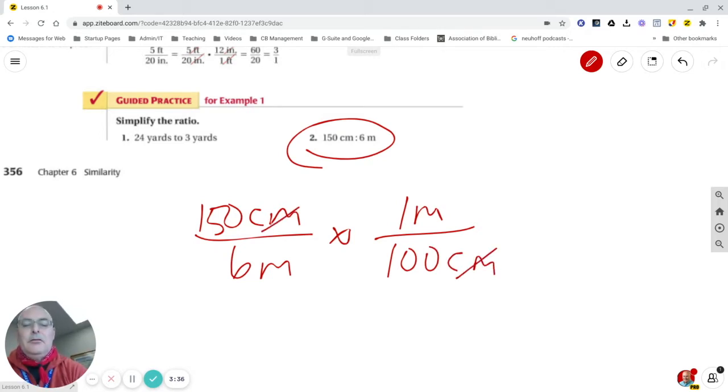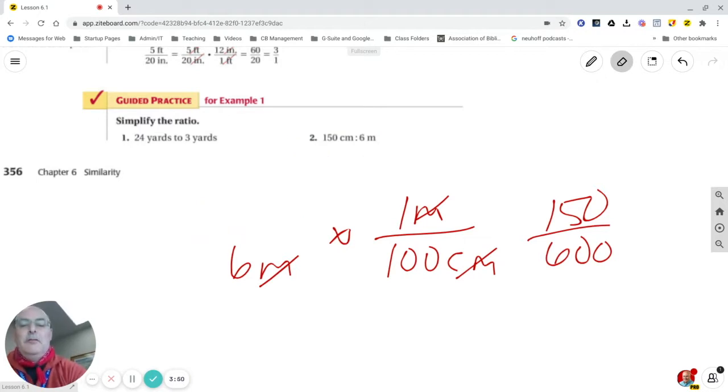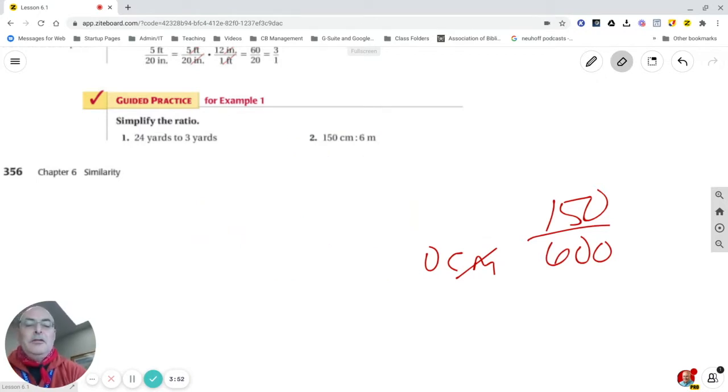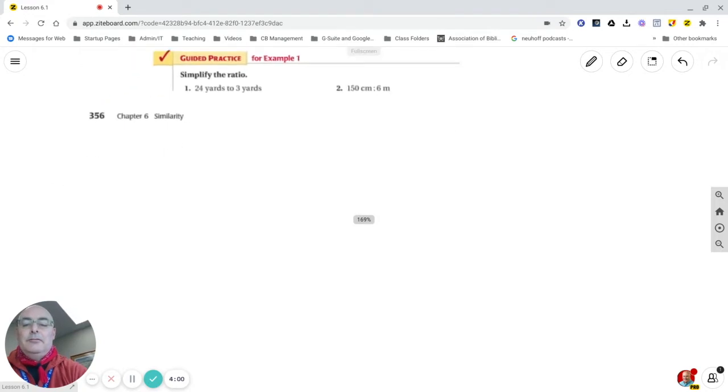Centimeters will cancel, meters will cancel, and so now I can multiply across and I'll have 150 divided by 600, and I can simplify that in order to get my ratio. Key thing again is to correctly do our unit conversion so that all of the units cancel out.